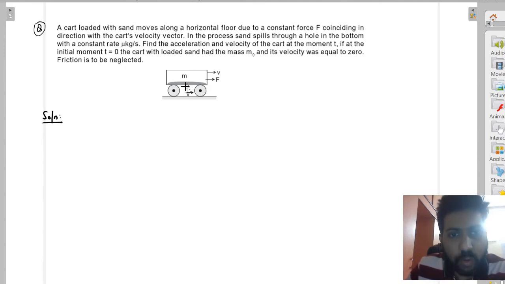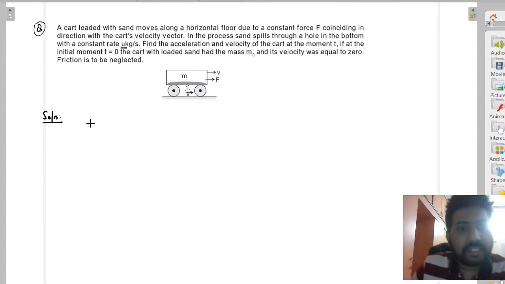So there is a hole here at the bottom and the sand spills through it at a constant rate of mu kg per second. Then find the acceleration and the velocity of the cart at any moment t. If at the initial moment at t equal to 0, the cart with loaded sand has mass m naught and its velocity was equal to 0.